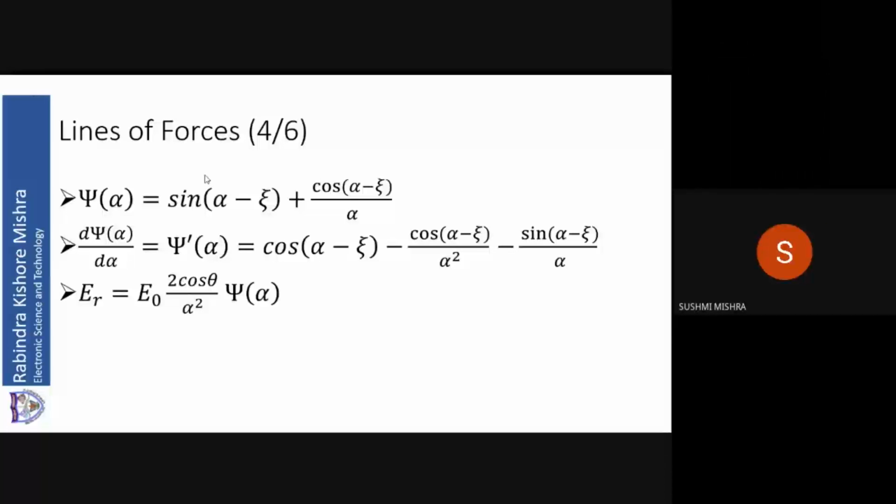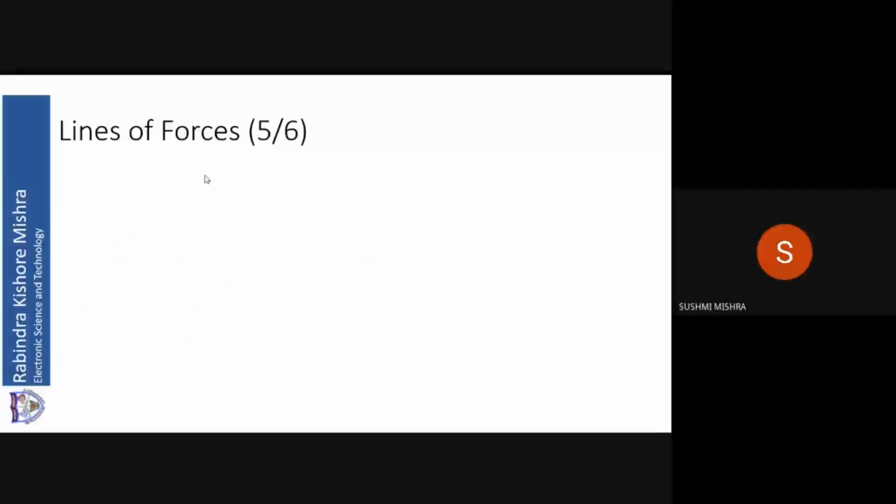Now my ER simplifies as ER is equal to E0 2 cos theta by alpha square psi alpha, and E theta is equal to minus E0 sin theta by alpha psi dash alpha. So now I have simple expressions for E theta and E phi for writing their lines of forces.